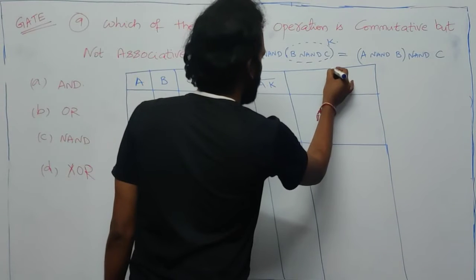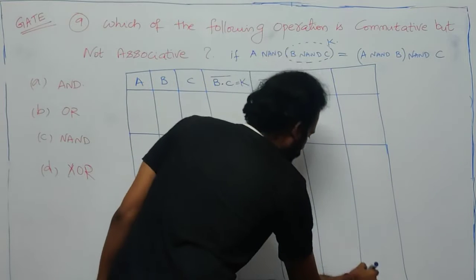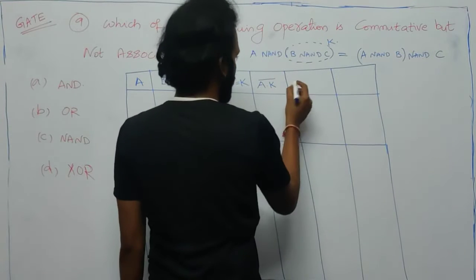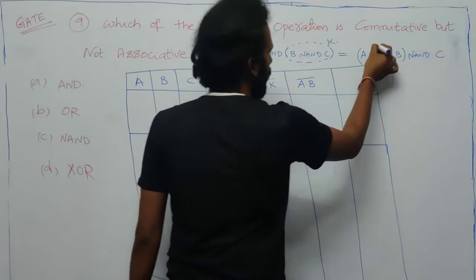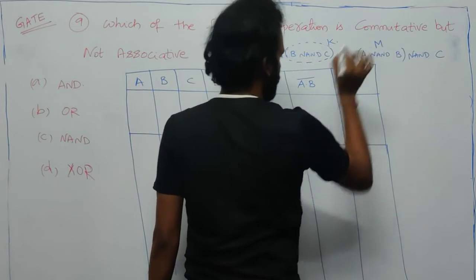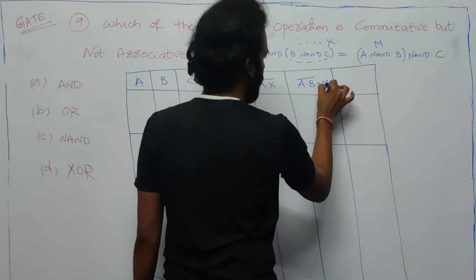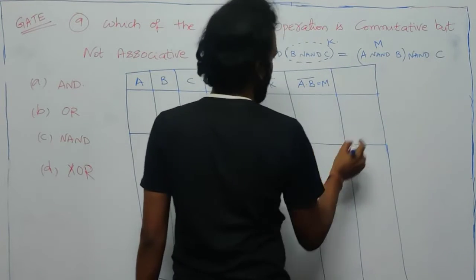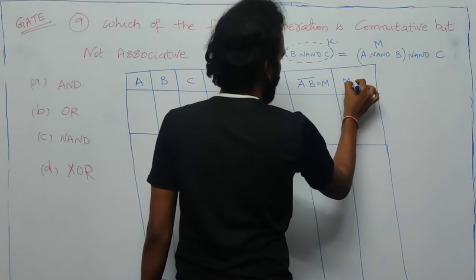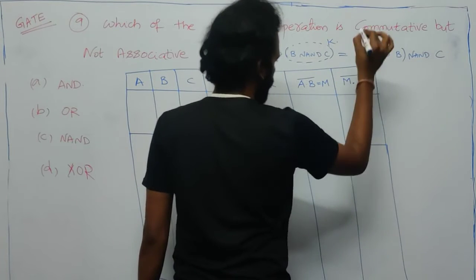Similarly, A NAND B means A dot B whole complement I should do. Let's say this is M. Correct? M NAND C. Are you getting it? Means M dot C whole complement.